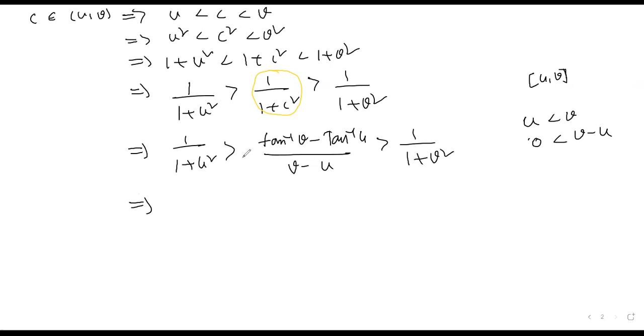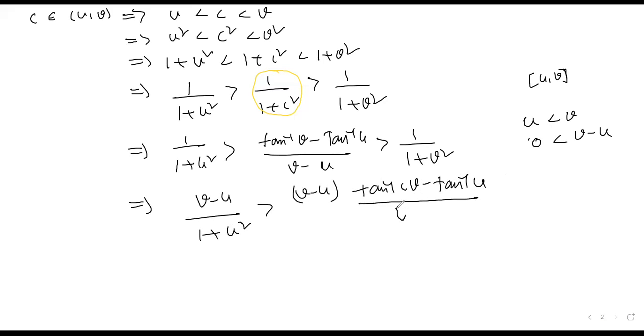Now I want to multiply these three terms by v minus u. If you multiply with v minus u, you will get v minus u by 1 plus u square, which is greater than v minus u into tan inverse of v minus tan inverse of u by v minus u, which is greater than v minus u by 1 plus v square. So here these two terms will be cancelled.